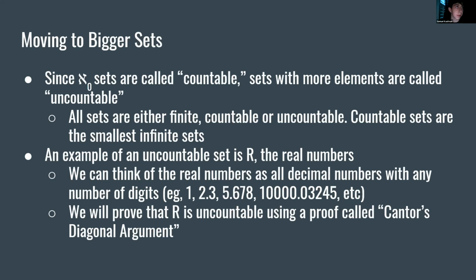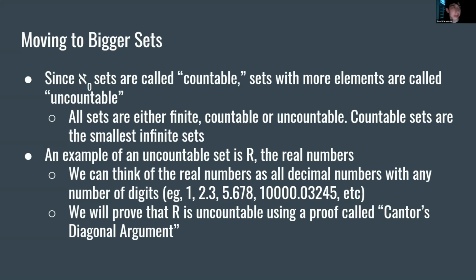So one example of an uncountable set is R, the real numbers. You can imagine the real numbers as basically all decimal numbers with any number of digits. And it could have infinitely many digits in either direction, left or right. So 1 is a real number, 2.3 is a real number, 5.678 is a real number, pi is a real number, e is a real number.